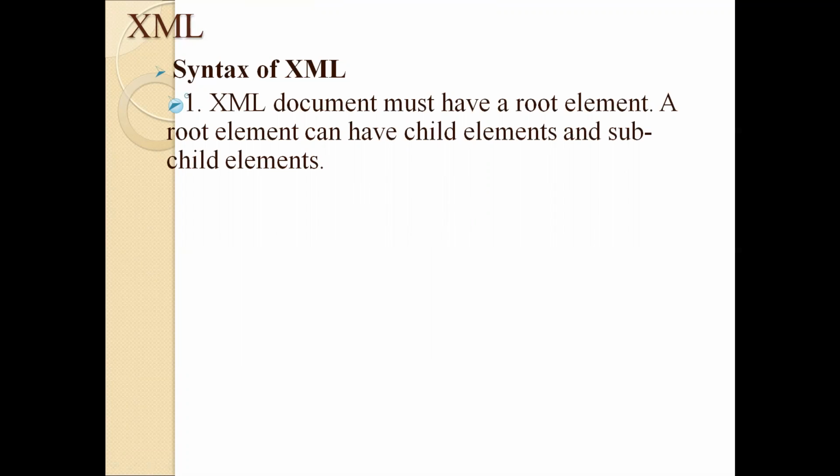An XML document will be represented with a root element. Under the root element, we can have any number of children, and under a child, we can have any number of sub-child elements. So we need to specify one root element. Under the root element, what we specify is optional to the user, right?